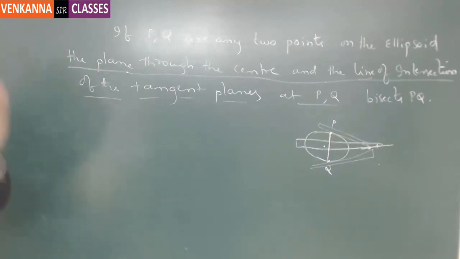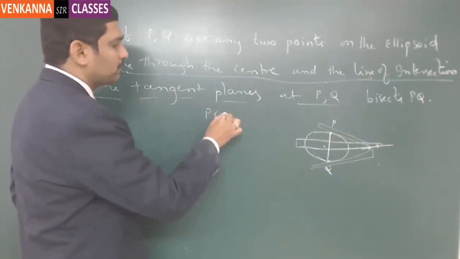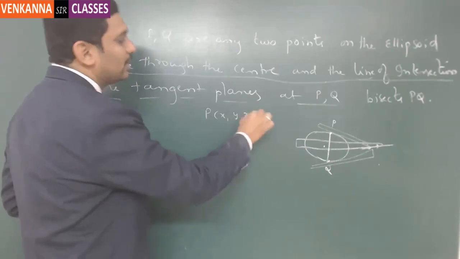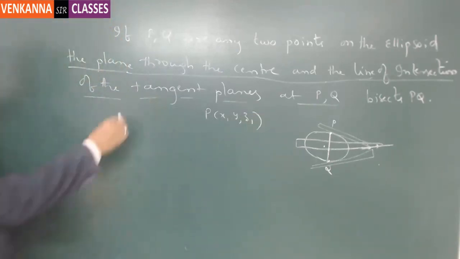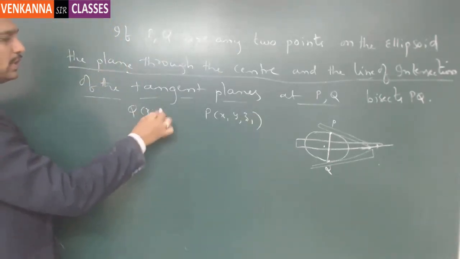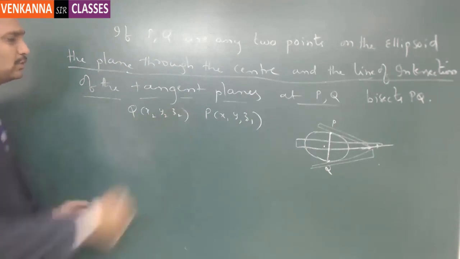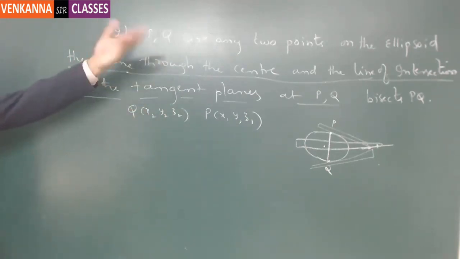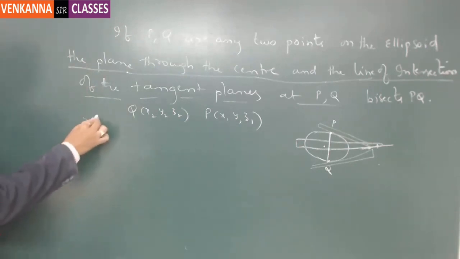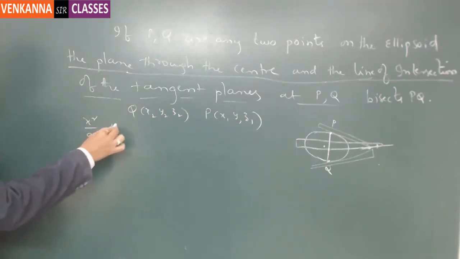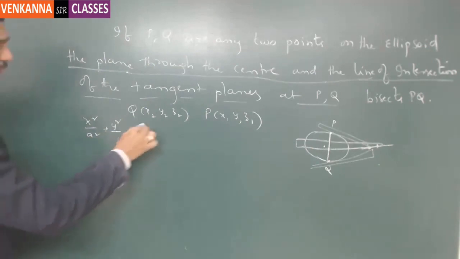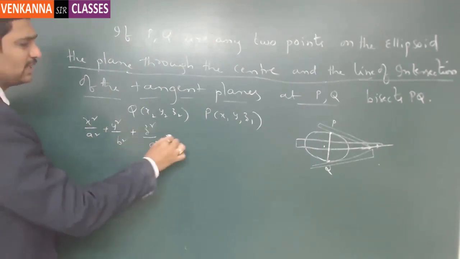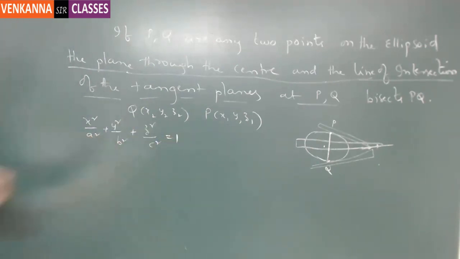So let us take that P (x1, y1, z1) is one point. Q (x2, y2, z2) is another point, which are taken on the ellipsoid. So it is x square by a square plus y square by b square plus z square by c square equal to 1. This is my ellipsoid.